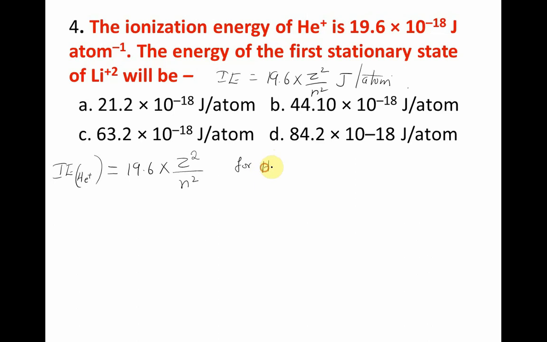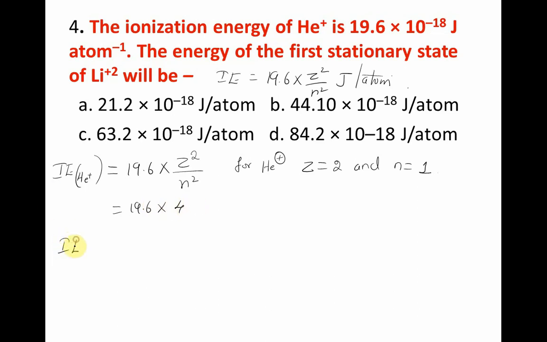For helium He plus ion, Z is equal to 2 and n is equal to 1. So it becomes 19.6 into Z square by n square. Z square becomes 4, and 4 divided by 1 becomes 4 only.